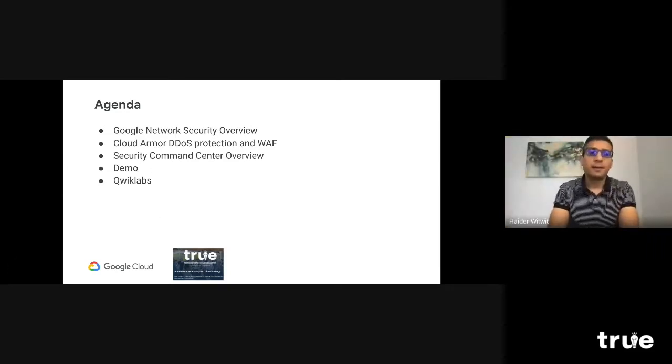Thanks, Daniel. My name is Haider Whitwood. I'm a networking specialist supporting the global public sector organization here with the Google Cloud team. I've been with Google for close to 2 years. Prior to that, I was a networking specialist with AWS, and prior to that, I was a full-time network engineer.